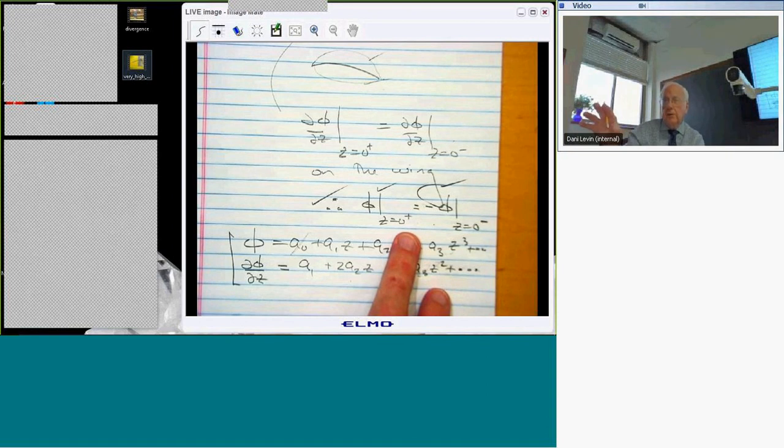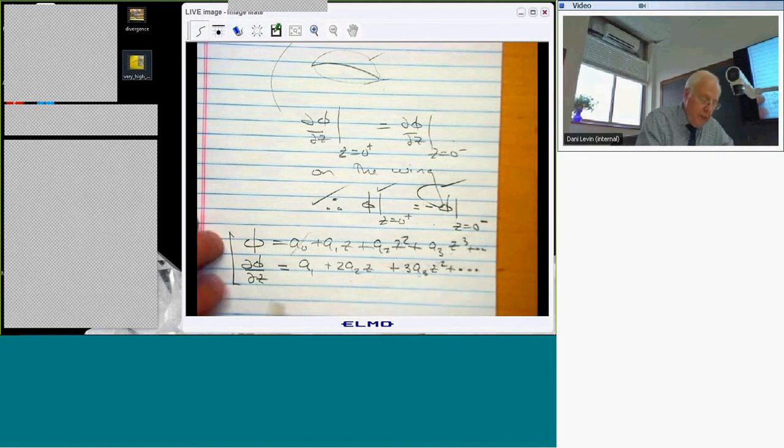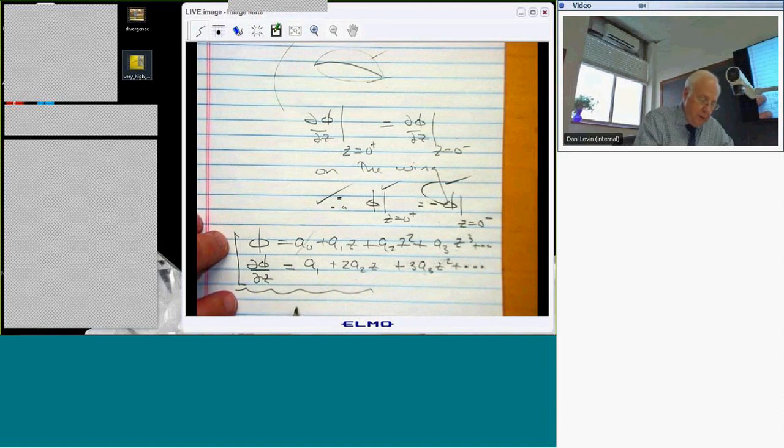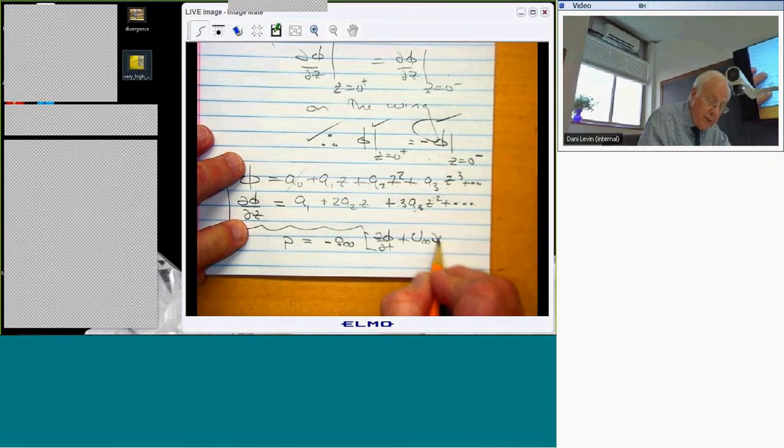Okay. So this is true, but now I also have Bernoulli to appeal to. Bernoulli says that p equals minus rho infinity times d phi dt plus u infinity d phi dx. This is how the pressure is related to the velocity potential.